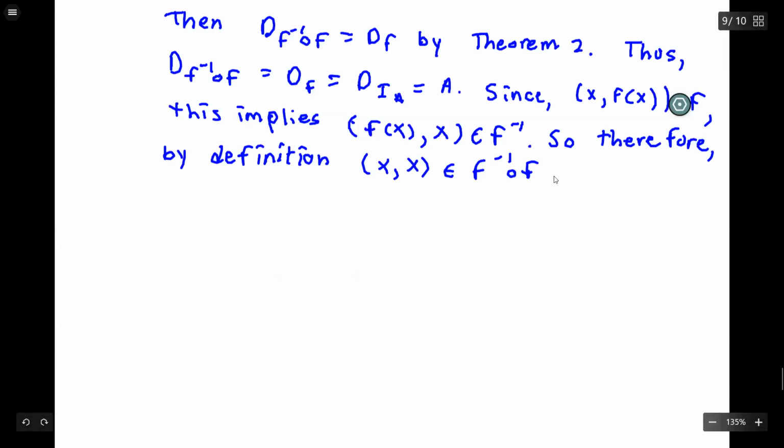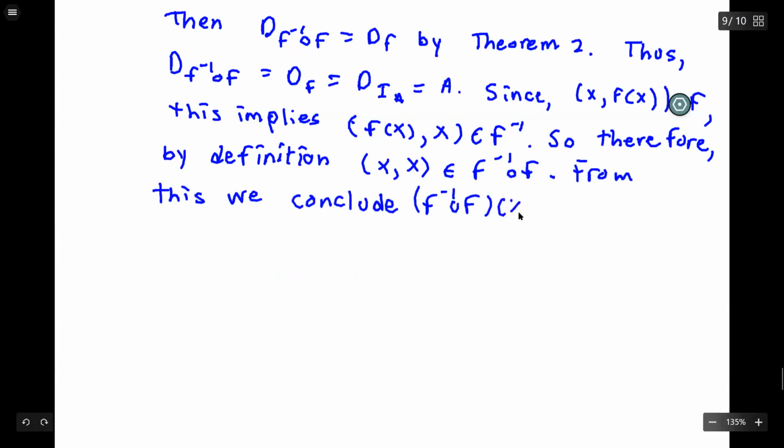From this, we conclude that the inverse of f compose f, evaluated at x, is equal to x, which is also equal to I sub A of x.